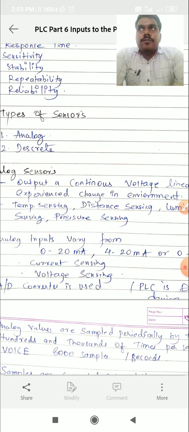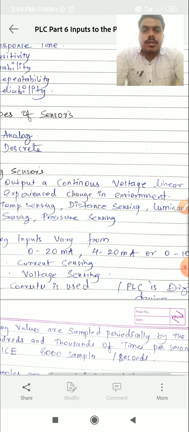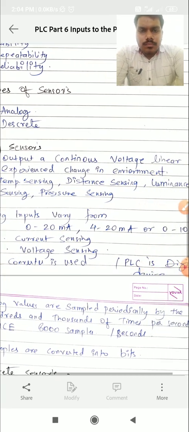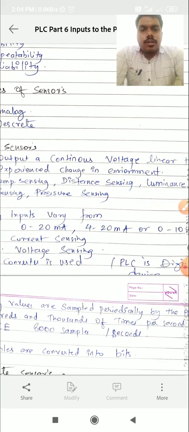If a container is set to a certain temperature for the milk, the milk should be maintained at that temperature only. If any change in that temperature occurs, that signal will be sent to the PLC in a continuous, linear voltage manner. Continuous current can also be there. So that signal will be analog type.